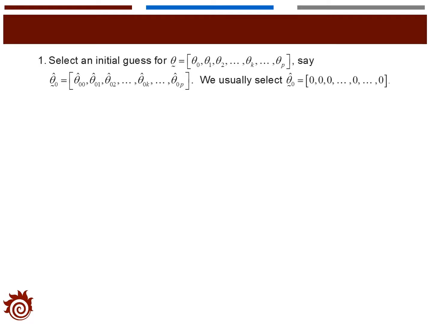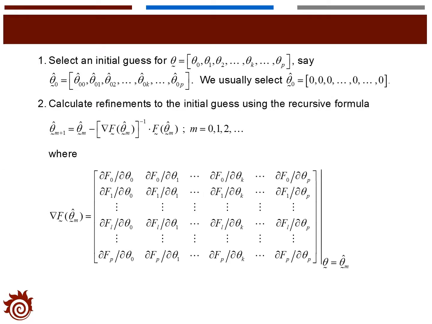So here are the steps for us to apply the Newton-Raphson algorithm to find the optimal values of theta. First, we'll set the initial guess of theta. For all the p plus 1 parameters, their initial value can be set as 0. And then we will calculate the refinement to the initial guess using the recursive formula.